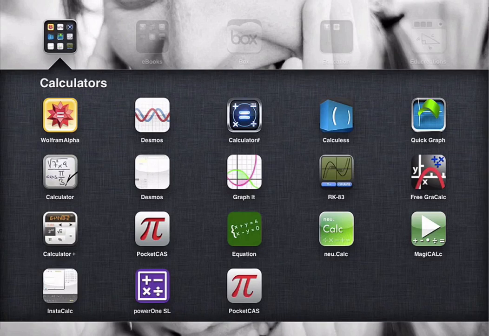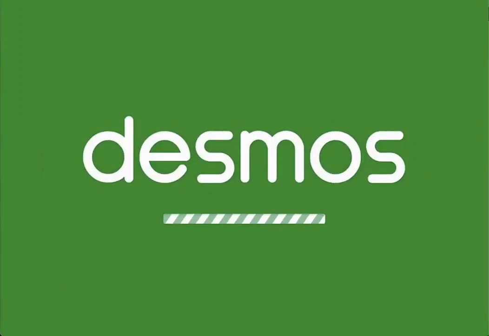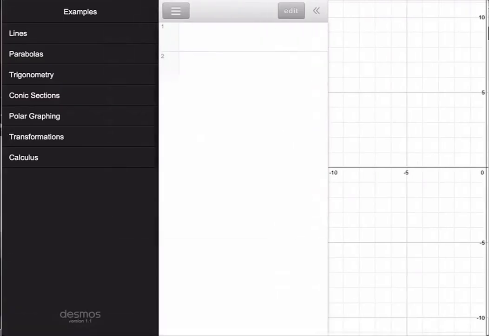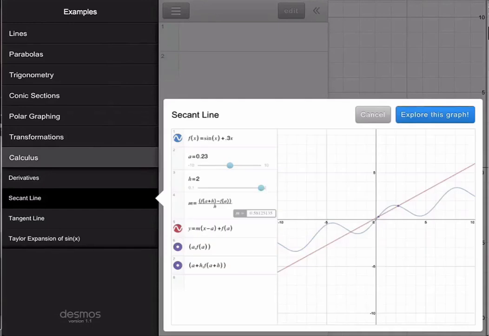So we can actually use our Desmos app here to explore this concept of finding the slope of a tangent line. So if we open up our Desmos app, and then on the left-hand side, click on the 3 lines, and then choose Calculus, and choose Secant line, and then explore this graph.